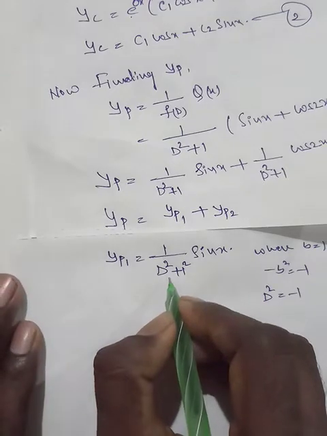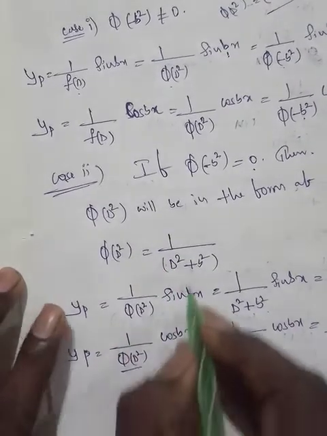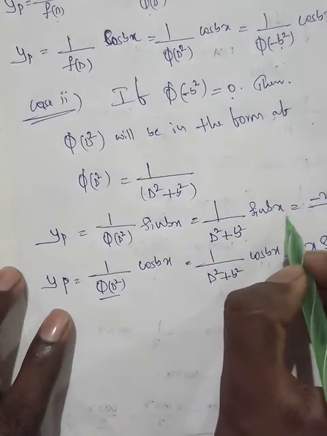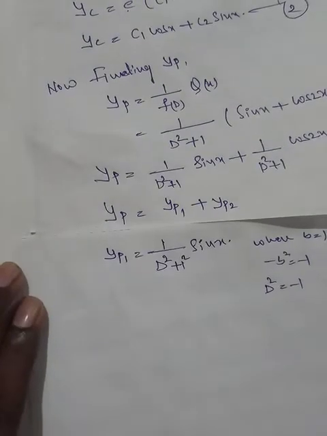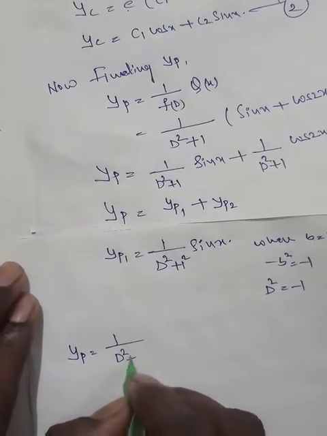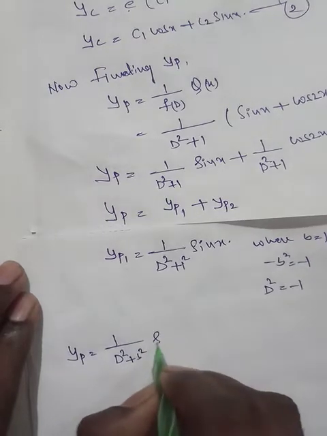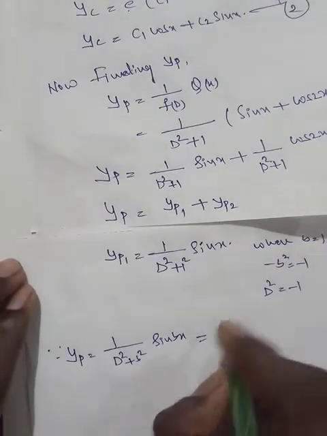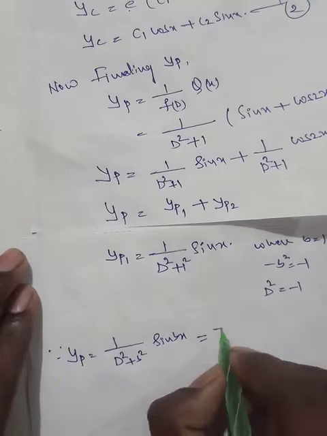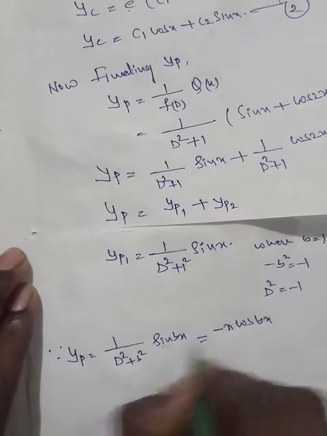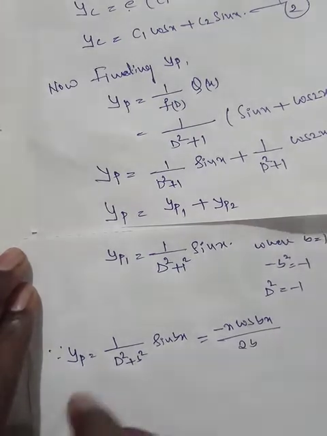So which is in the second case, right? See, this will be the formula here: 1 by D square plus b square into sin bx. Then our yp we will get directly by formula, that is minus x cos bx, our sin becomes cos, by 2b, right?